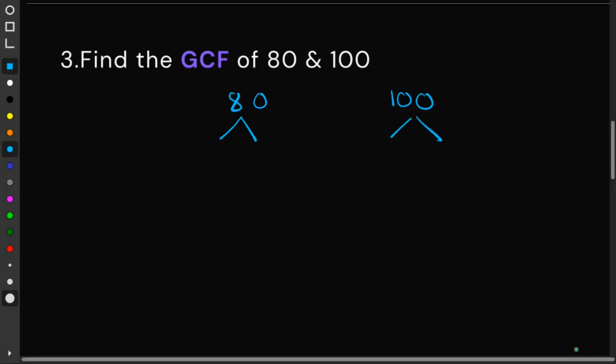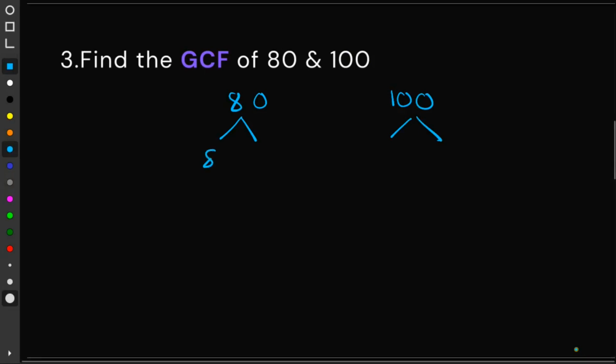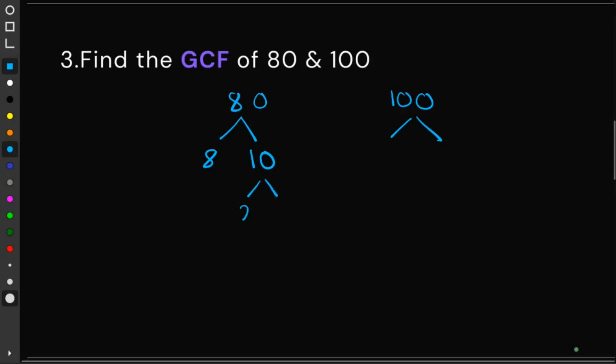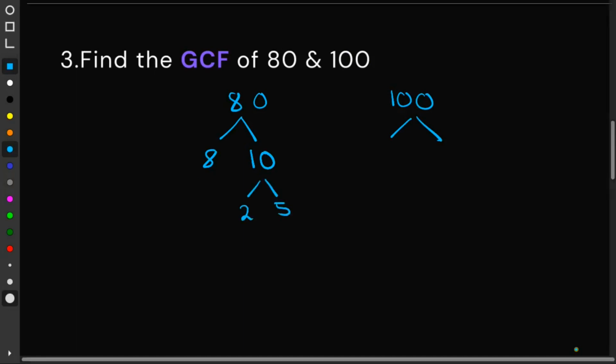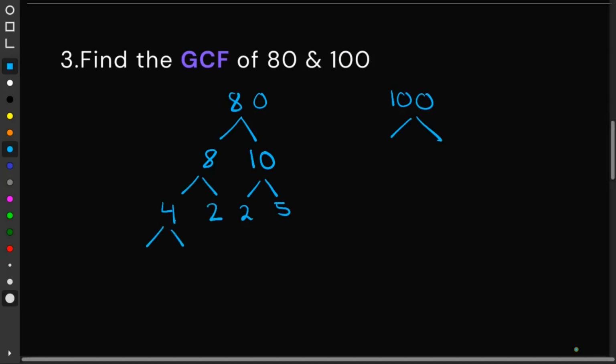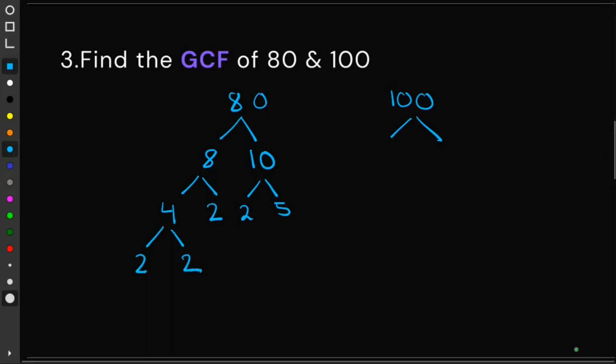For 80, since it ends in 0, we know that it is divisible by 10. So we write 8 and 10 out here. Now this one, we know that this decomposes into 2 and 5. And this one is 4 and 2. 4 can still be factored as 2 and 2.